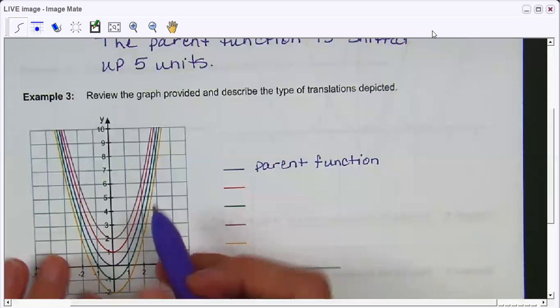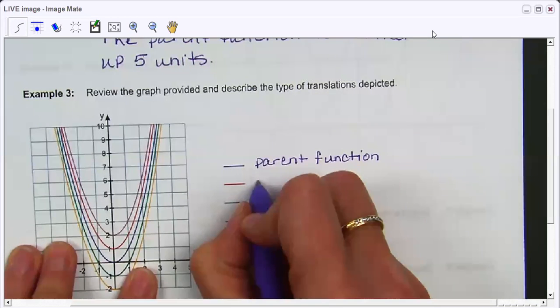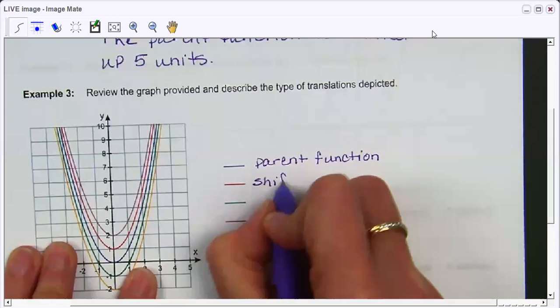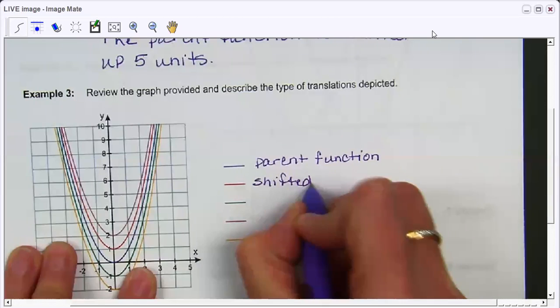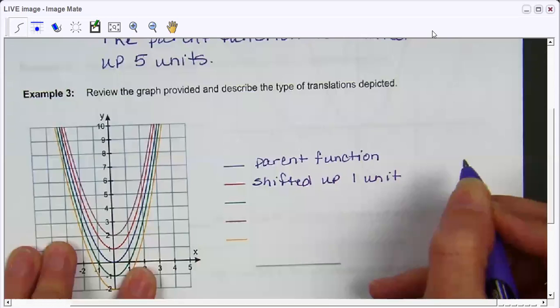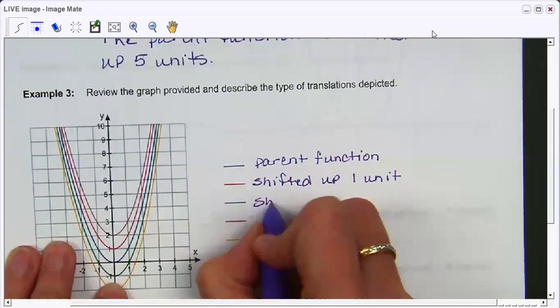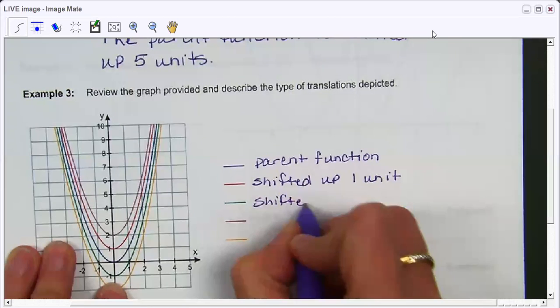So the red line is shifted up 1 unit. The green line shifted down 1 unit.